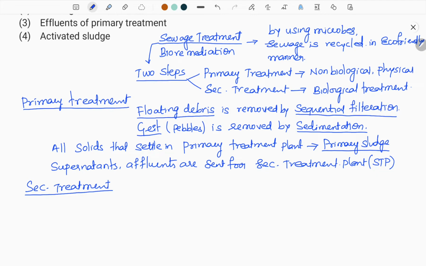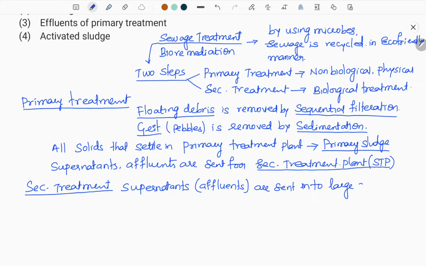The secondary treatment plant is called a large aeration tank. Please observe very carefully. The supernatants, or effluents, are sent into large aeration tanks.